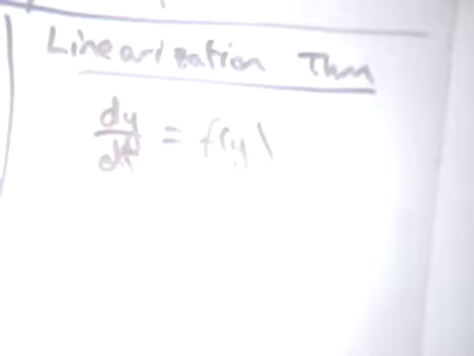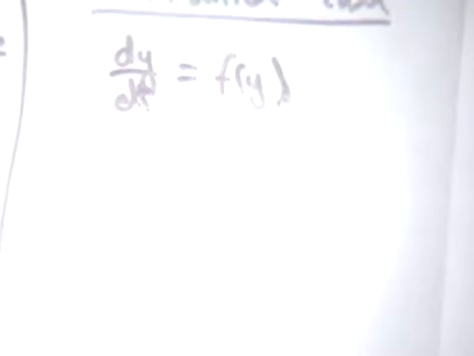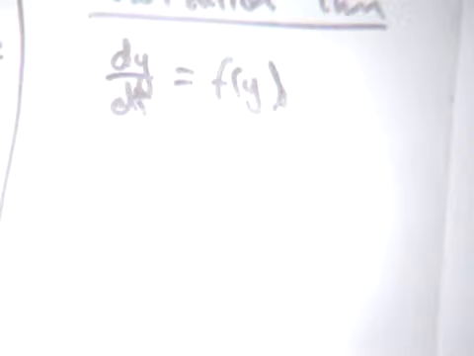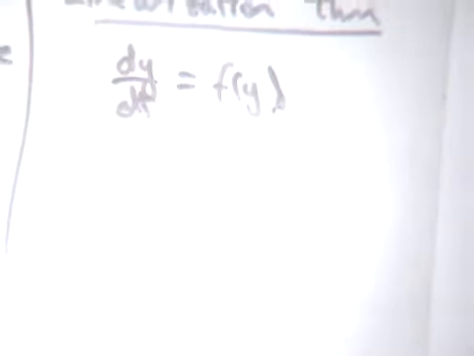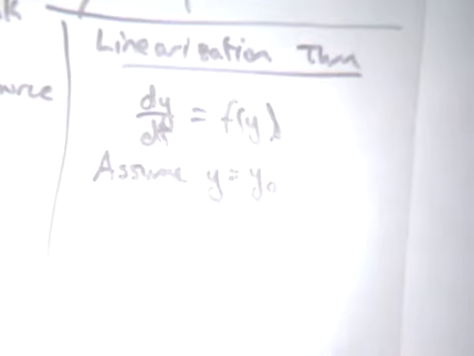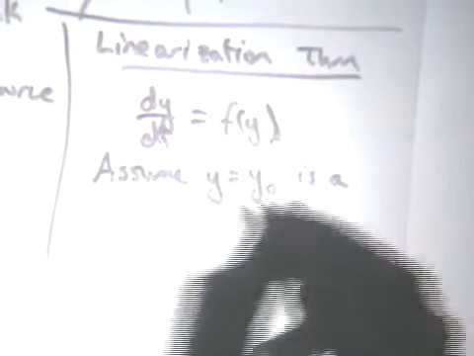We've got a differential equation. I'll go back to dy dt and f of y. It's autonomous, okay? Well, we're dealing with an autonomous equation. The right-hand side only depends on y. Let's assume that we've got an equilibrium point. Assume y equals y sub 0, or maybe I'd just say y sub 0, is an equilibrium point.